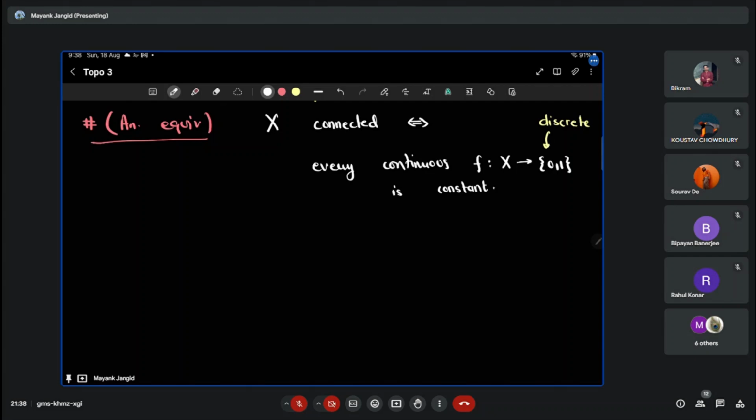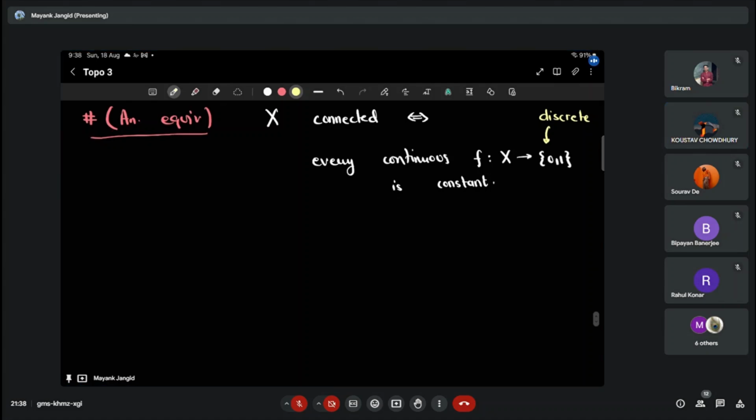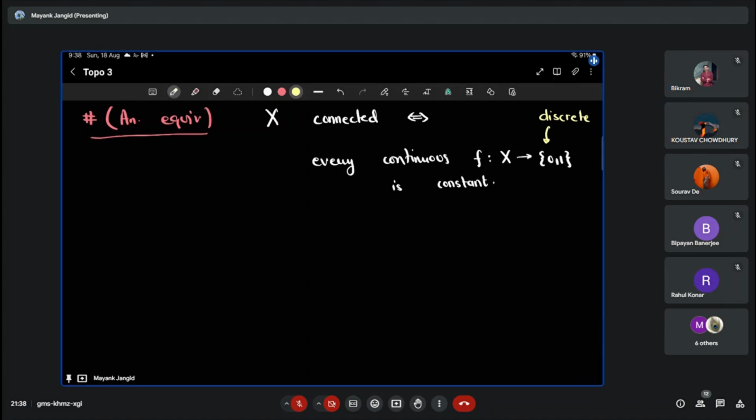Can someone explain why this is true? Is the statement clear to everyone? Yes. Okay, so I will try to give a proof of this.